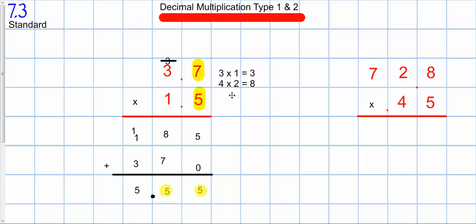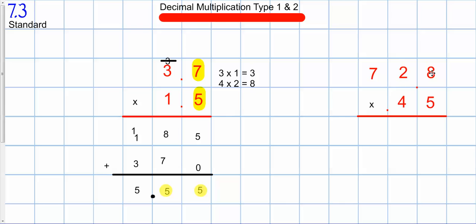Yes, it is. So here's why I chose 3 times 1 and 4 times 2. Because what is 3 and 7/10 in between? It's in between 3 and 4. What is 1 and 5/10 in between? 1 and 2. So that's how I can figure if my answer is in the ballpark. So it's in between those two products. And it is. So let's try it again.